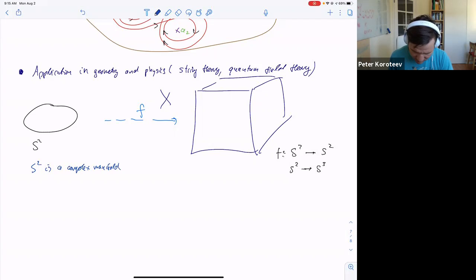It has its own name in the complex world. It's called CP1, the complex projective one-dimensional space. That's why there's a 1 here.